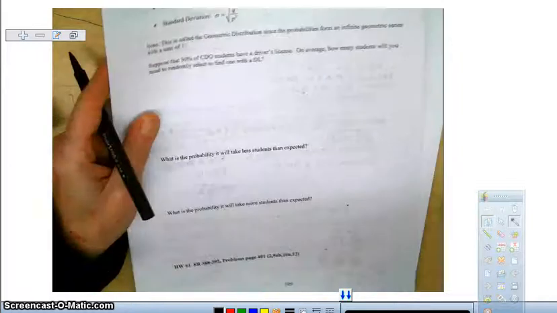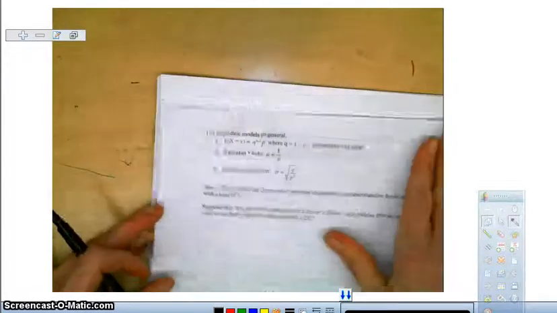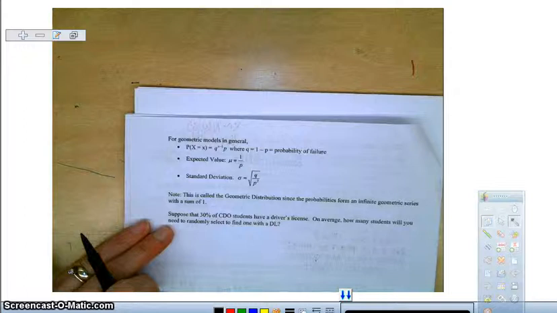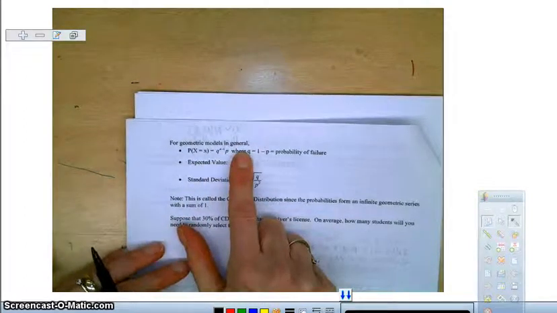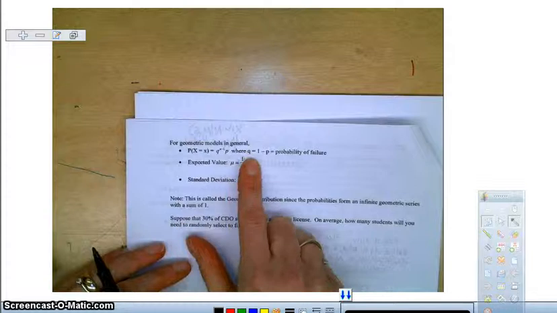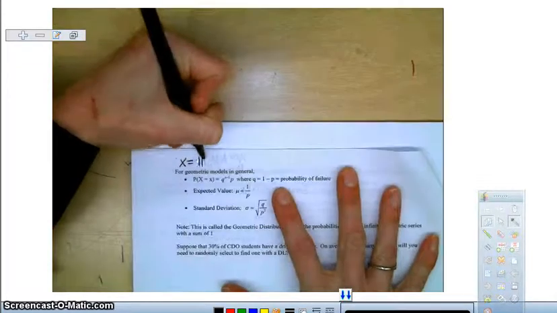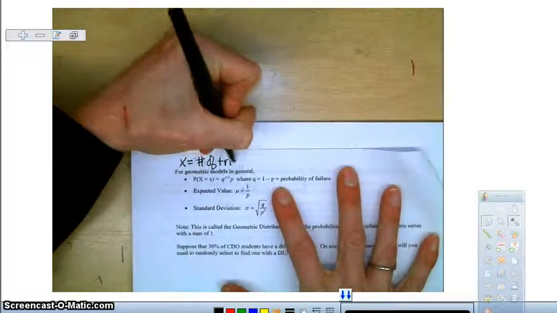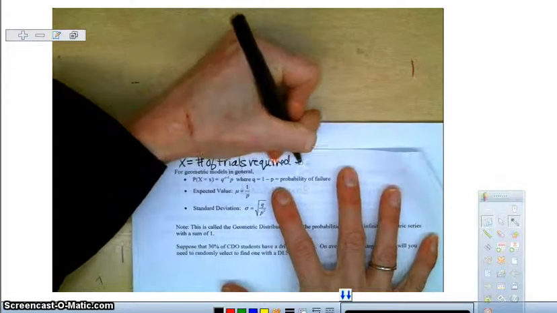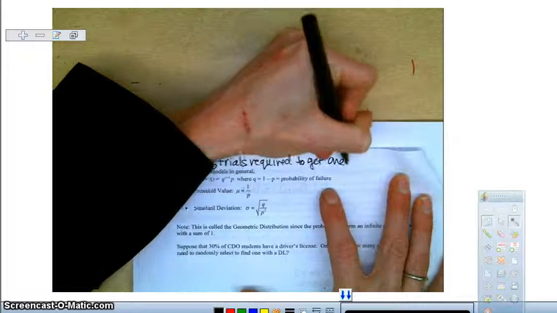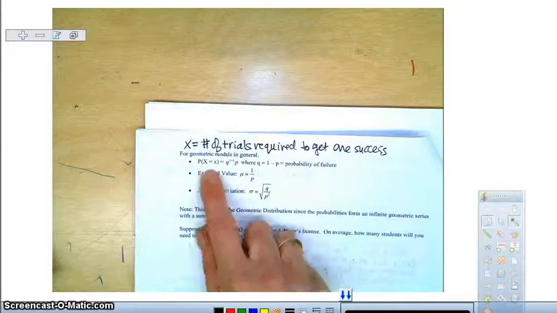So, turn the page. So, at the top of the page, all we did was basically develop that formula. So for geometric models in general, any geometric model, okay, where X is the number of trials required to get one success, and that always happens on the last one, okay?